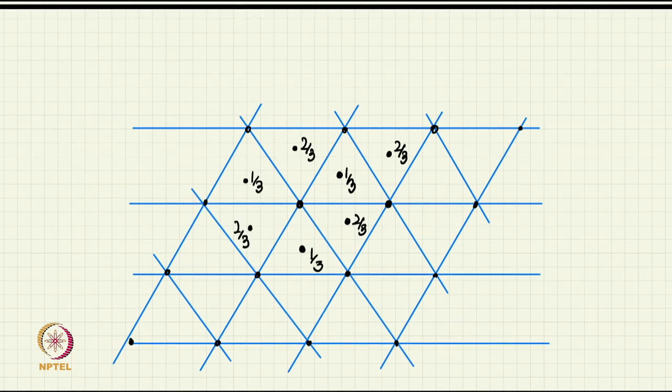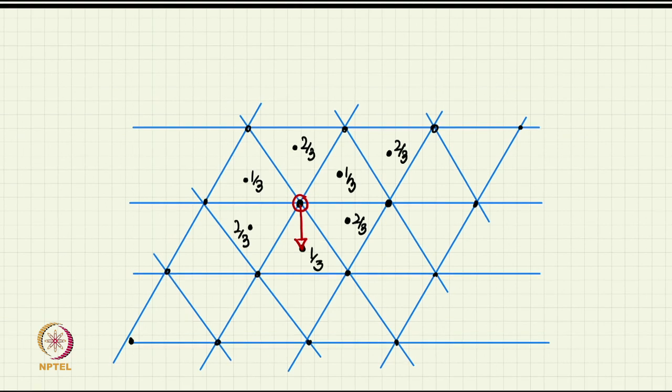Now, suppose I start at the 0 level with that lattice point and join 3 of these lattice points which are at 1/3 level above this point, and call these as my basis vectors.